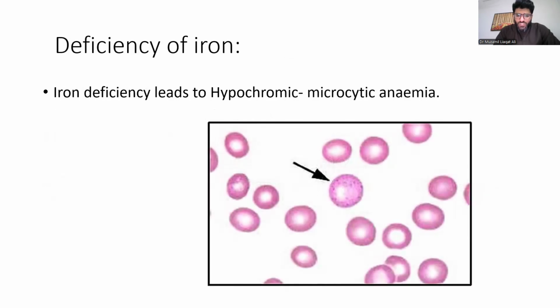Now, let's discuss the deficiency of iron. Iron deficiency leads to hypochromic microcytic anemia, where the red blood cells are smaller than normal and have reduced hemoglobin content.